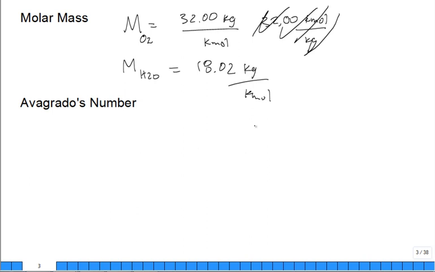What's Avogadro's number? Yeah, so it's 6.022 times 10 to the 23 particles per mole. So if I have a mole, then Avogadro's number tells me how many entities are in that mole.